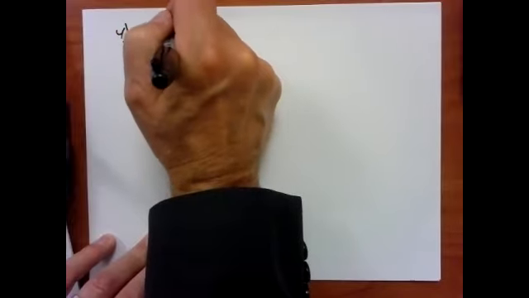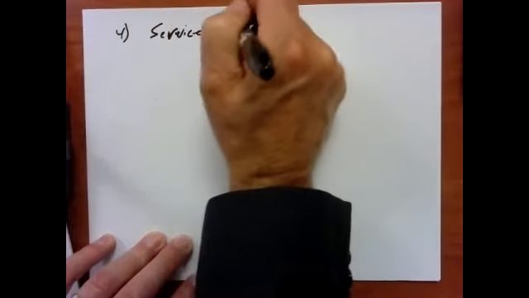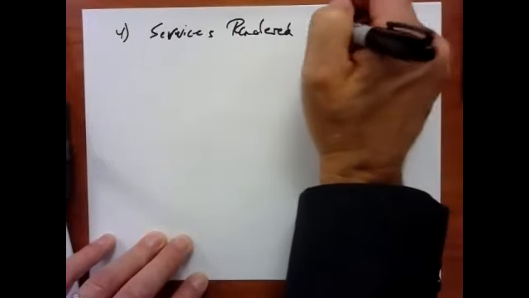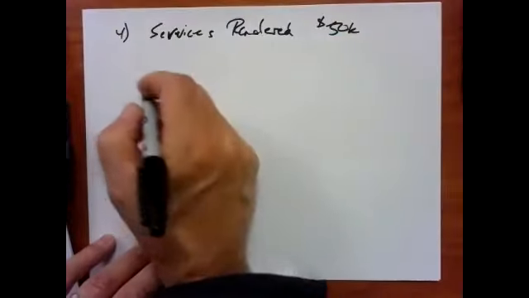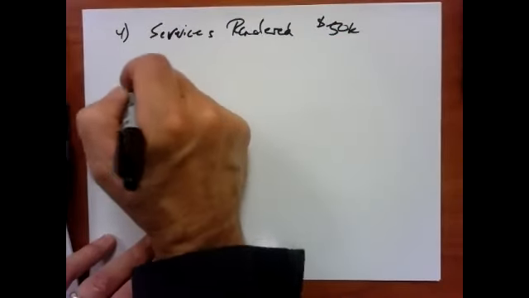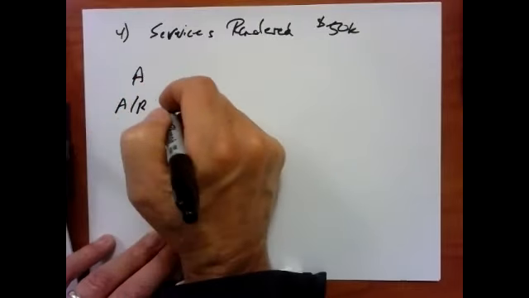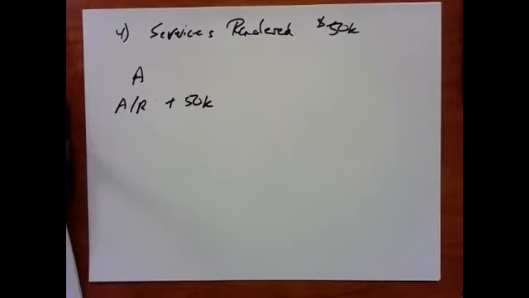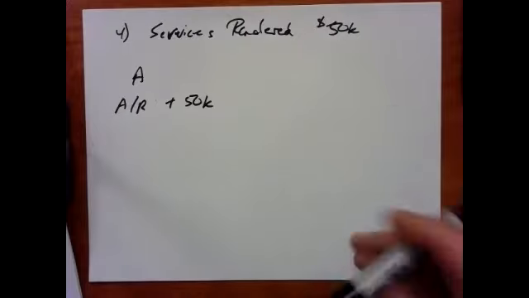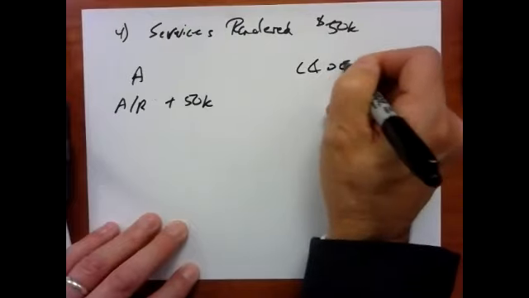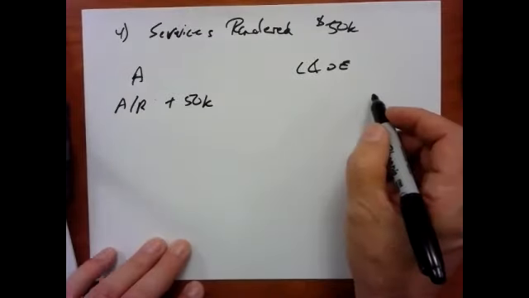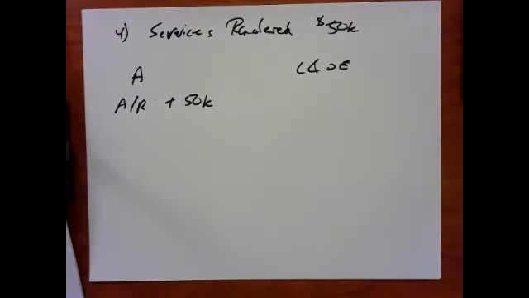So, transaction 4, services rendered, 50K. So these are billed out. So on the asset side, accounts receivable increases by 50,000. Here's where things get a little hairy. There's no impact on liabilities.